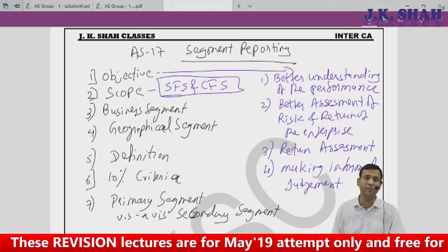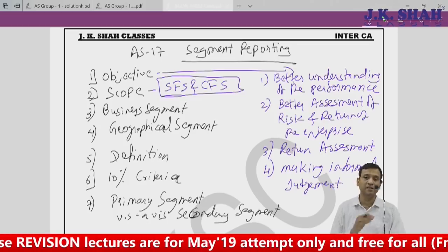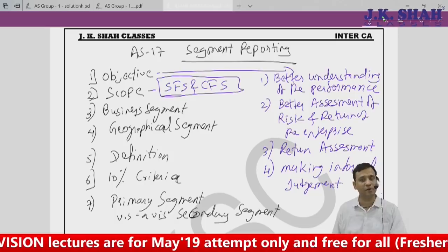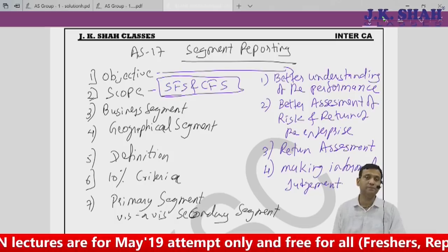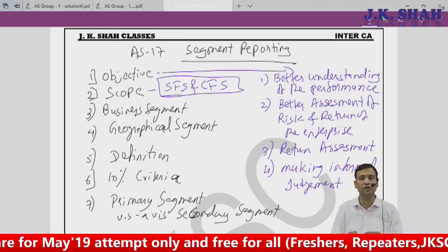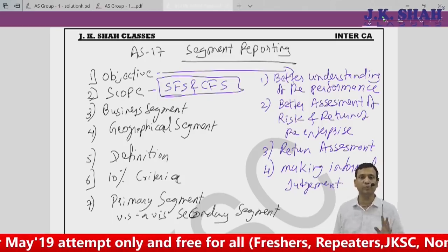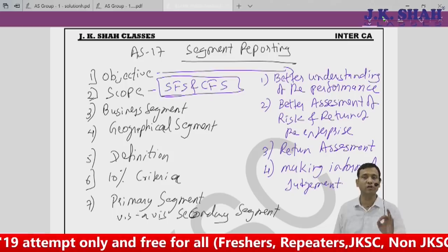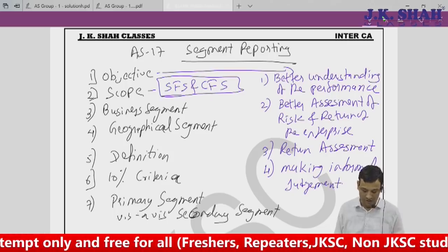So segment reporting applies to consolidated as well as standalone, or you can also say separate financial statements. But if you're giving your standalone as well as consolidated financial statements together, then segment reporting needs to be given only for consolidated and not for standalone.